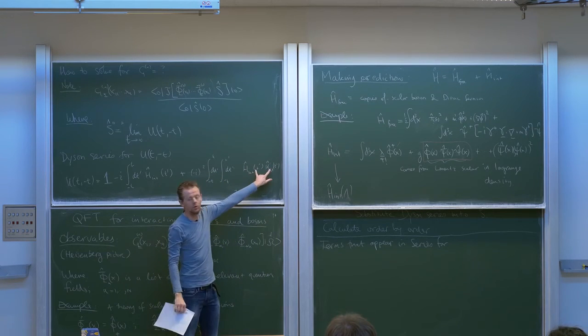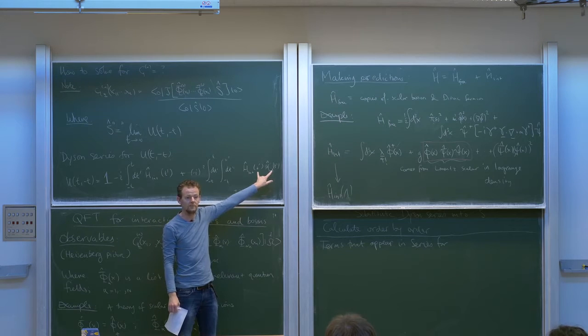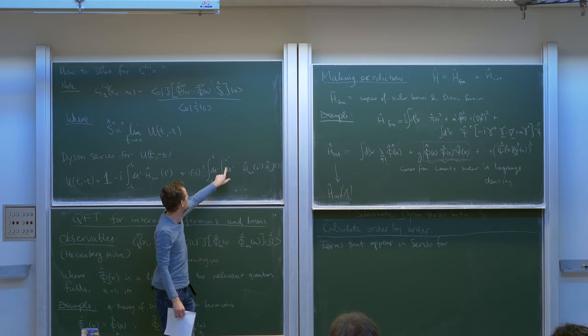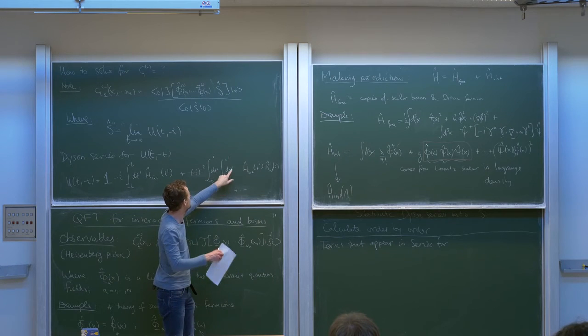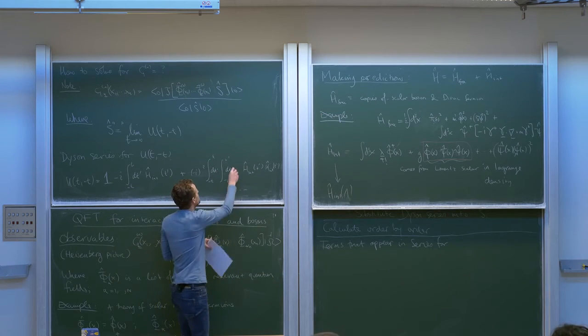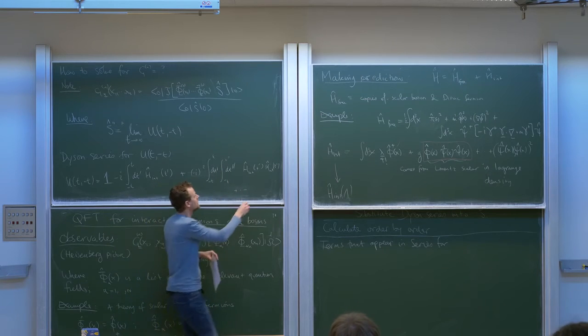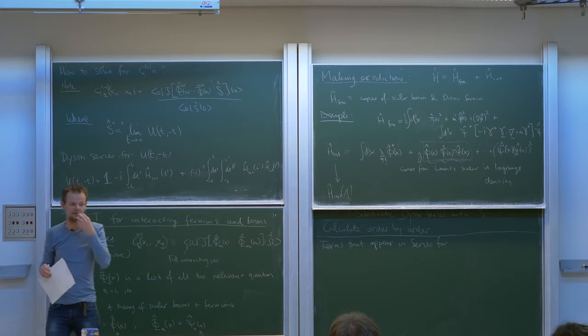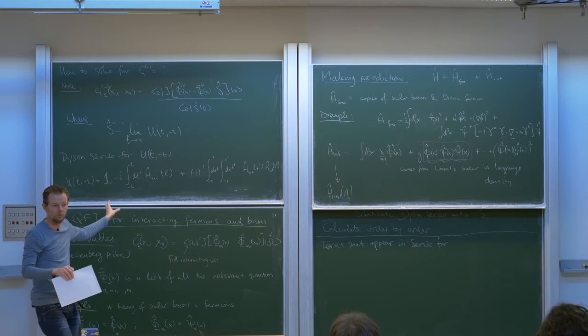So this is a time-ordered product of H_int. It's always in time order. t' always happens before t''. So here's t'', and here's t'. So the terms that appear in this expansion are always in this time order.